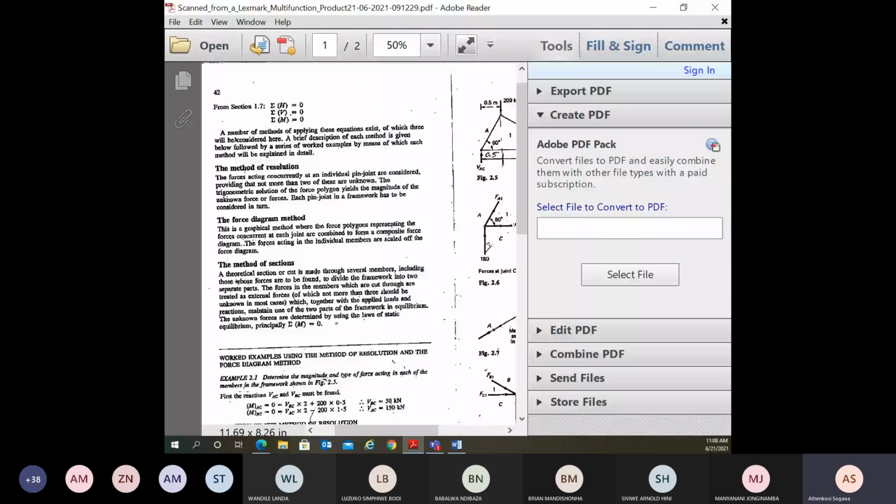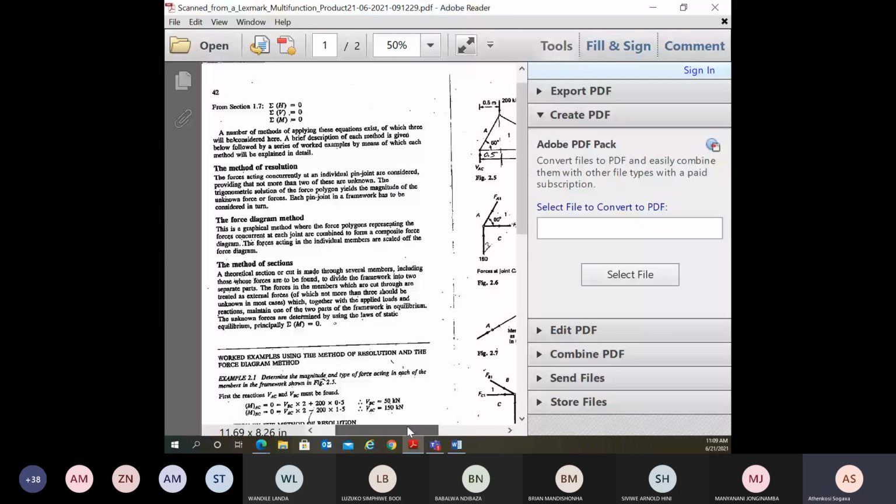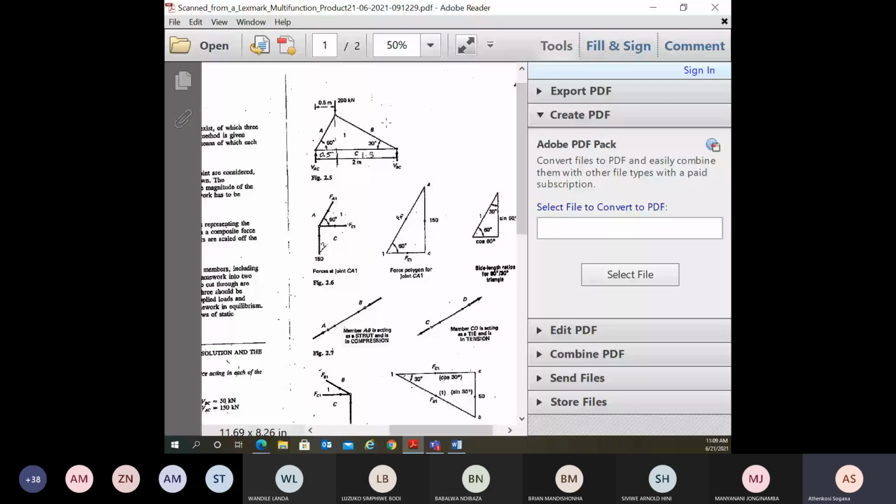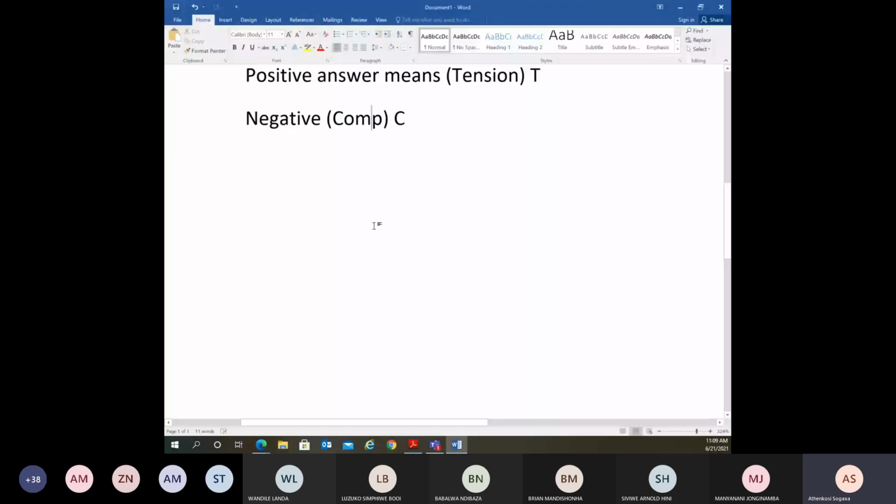Then you have to determine the direction and the force acting in each of the members here. That is figure 2.5.